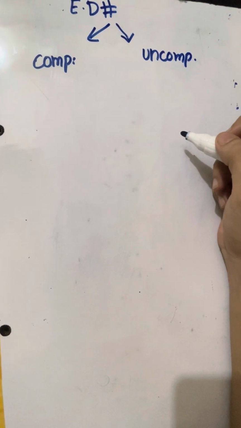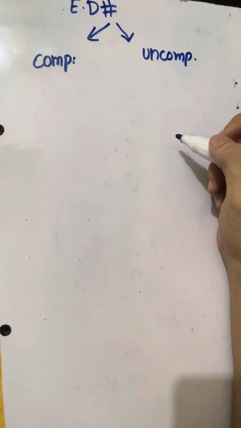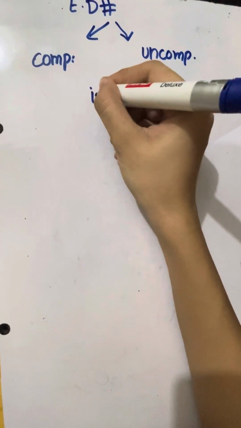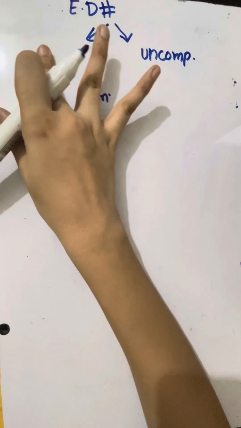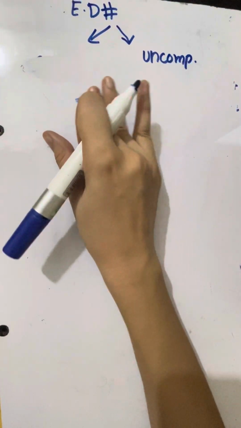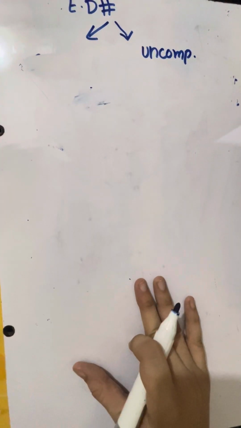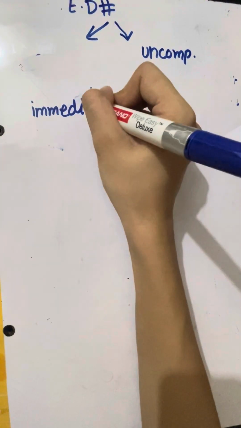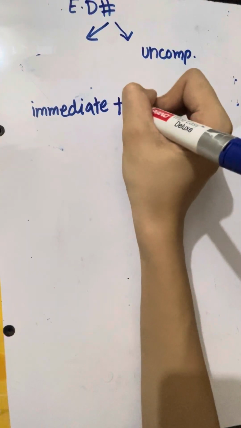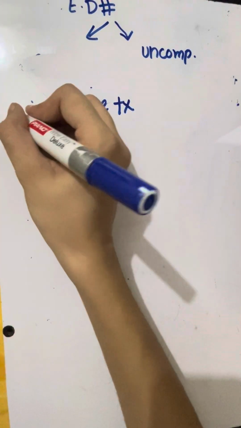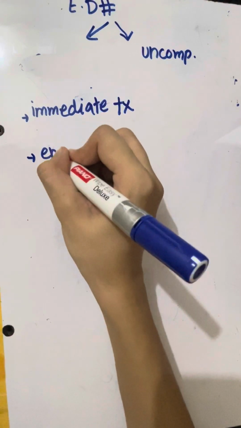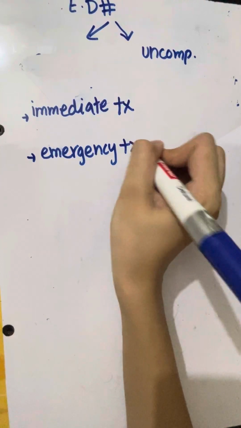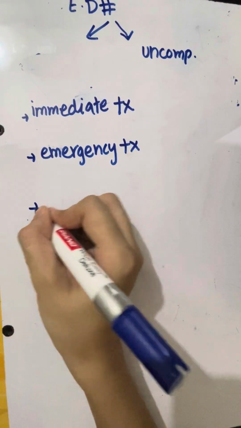In uncomplicated type of fracture, we have three options. We will go for immediate treatment, emergency treatment, and intermediate treatment. All we are discussing is uncomplicated fracture.